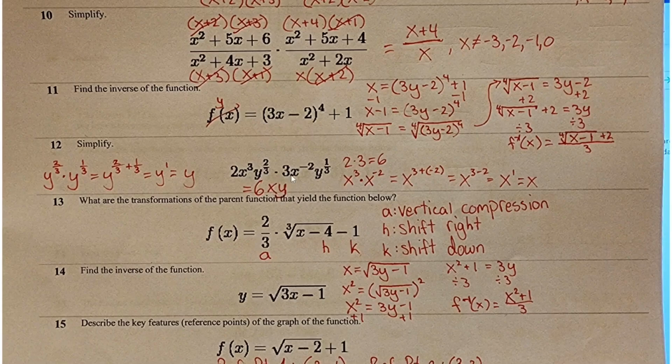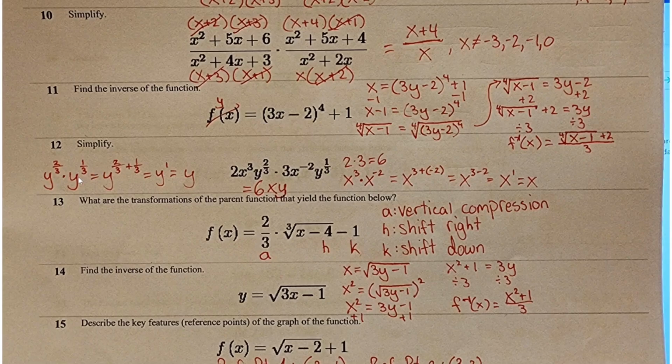X to the power of 3 times x to the power of negative 2. Well, that's x to the power of 3 plus negative 2, which is 3 minus 2, and that's the power of 1. And anything to the power of 1 is itself, so that's just x. Y to the power of 2/3: this would technically be the cube root of y squared. And y to the power of 1/3, that's just the cube root of y.